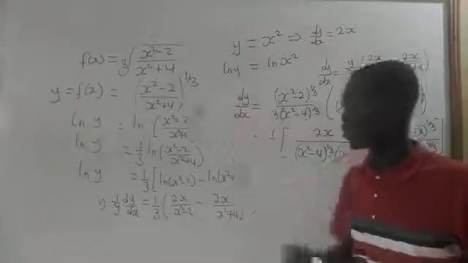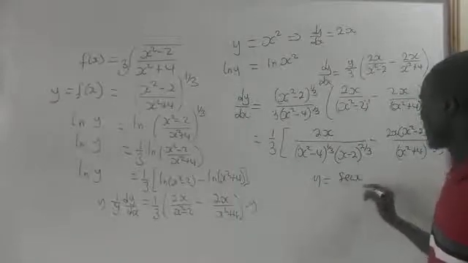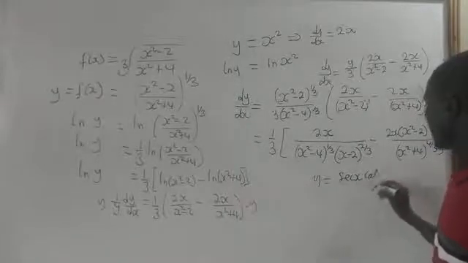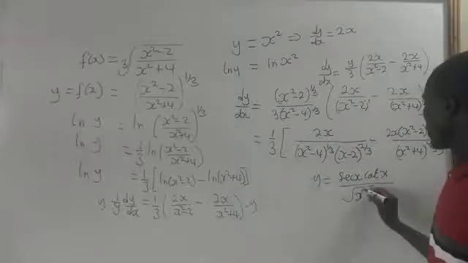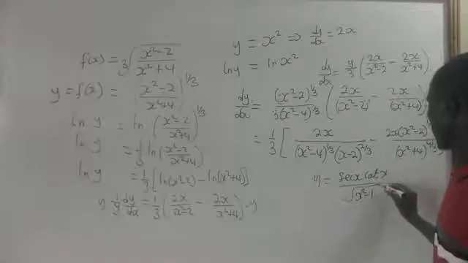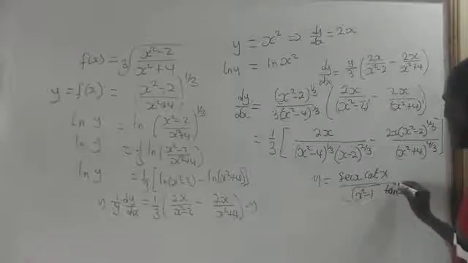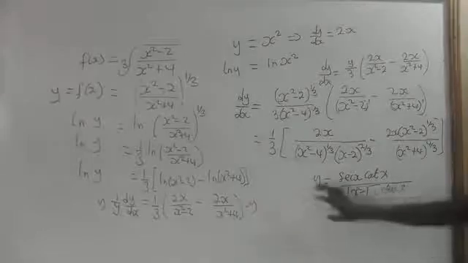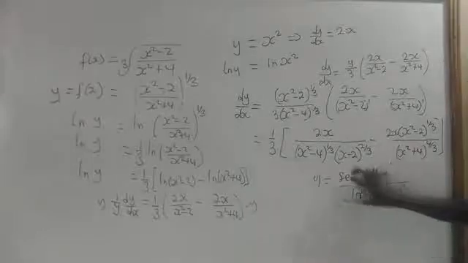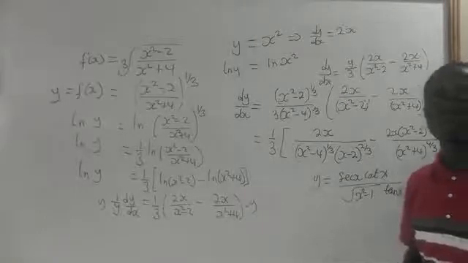If you get something like this, or let's say that you have been given y equal to secant of x times cotangent of x divided by square root of x squared minus 1 times tangent of x squared. If you have this one, what do you do? You have to take natural log of both sides so that this will break down for you and you're able to go about it.